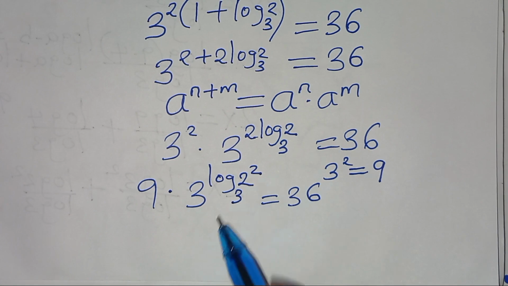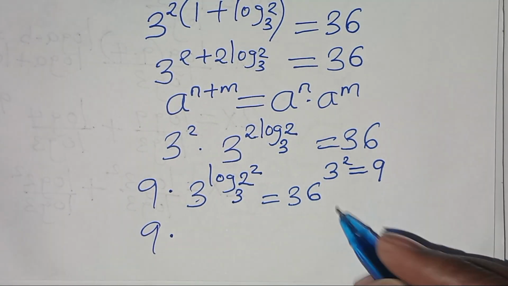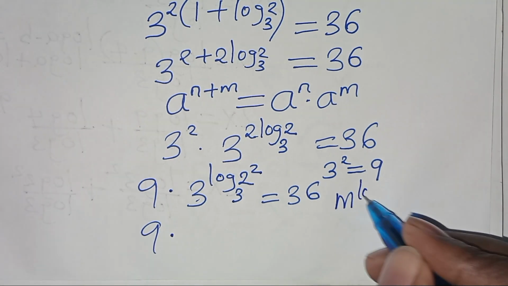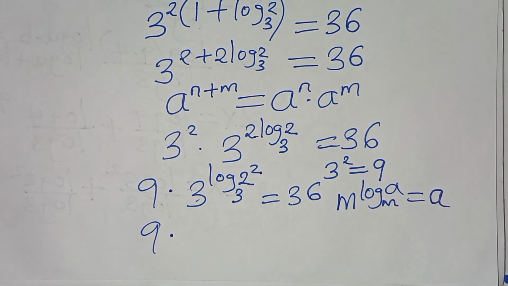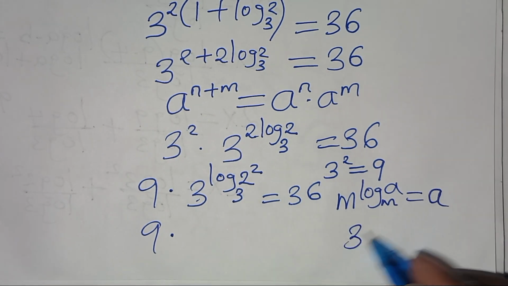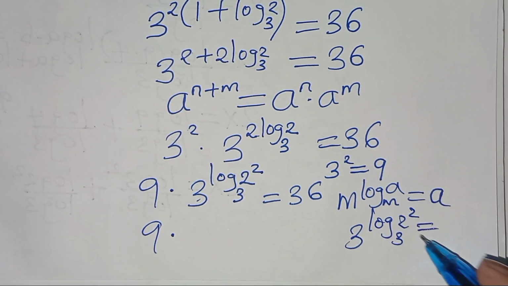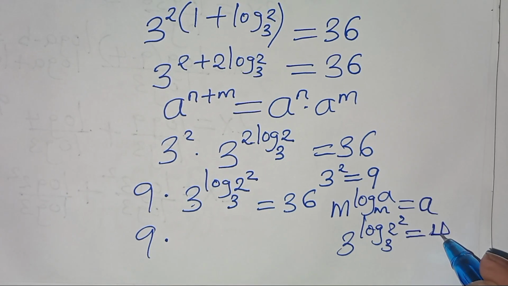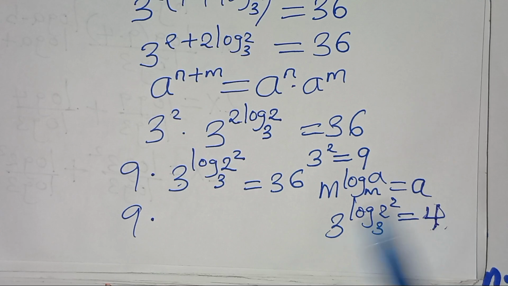So this implies that here we have 9 times, now 3 to power log 2 squared to base 3, this is in the form of m to power log a to base m, which essentially is supposed to give us a value of a. So this implies that 3 to power log 2 squared to base 3, this is the same thing as 2 squared, which is equal to 4. So here we have 4. Let's substitute this 4 here.